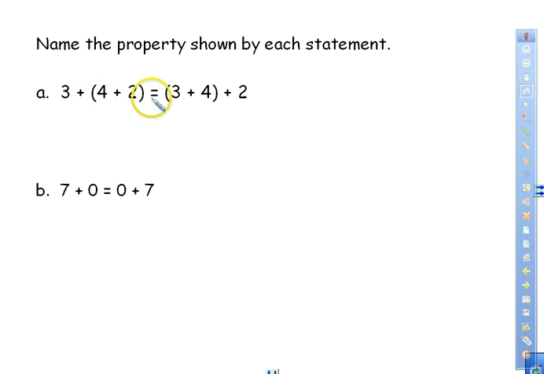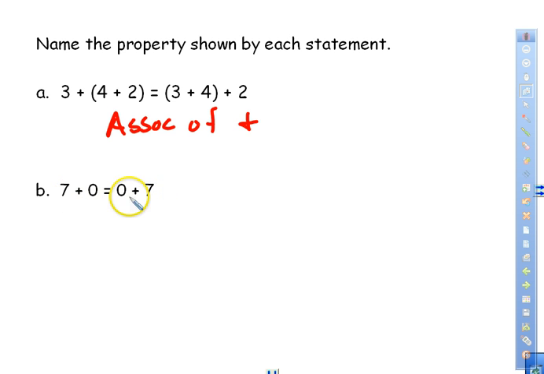Well, these are all in the same order, 3, 4, 2, 3, 4, 2, but they are grouped differently. So this is associative property, an associative property of addition.